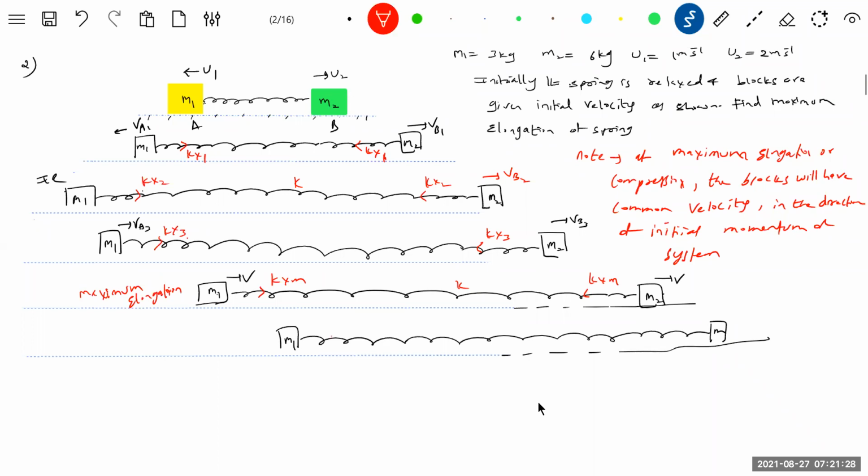Again this is elongation only. This will be VB4, VA4. VA4 will be greater than VB4. So this is again elongation.